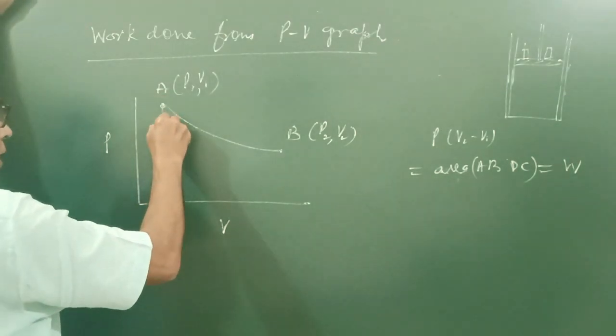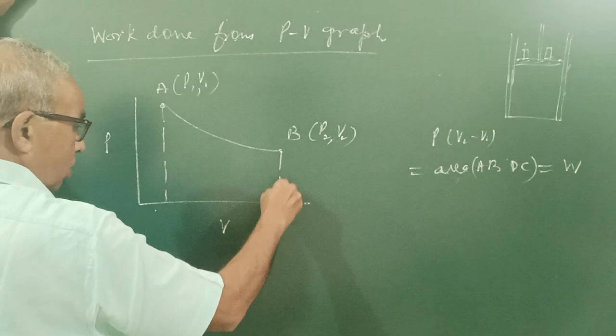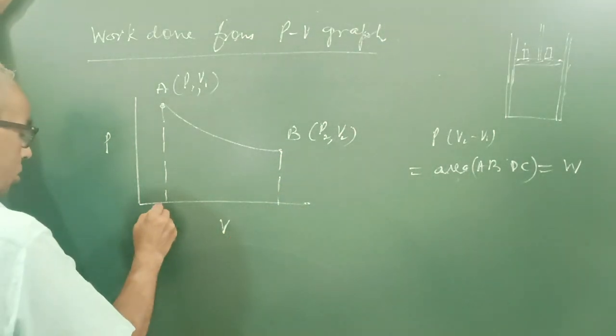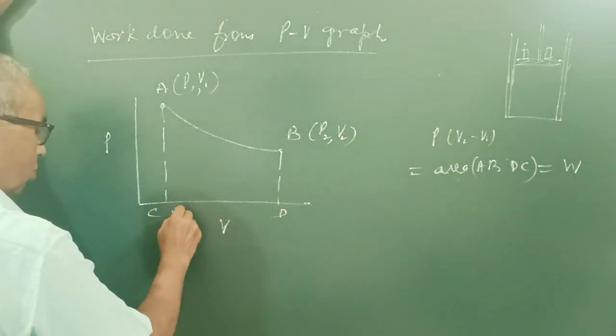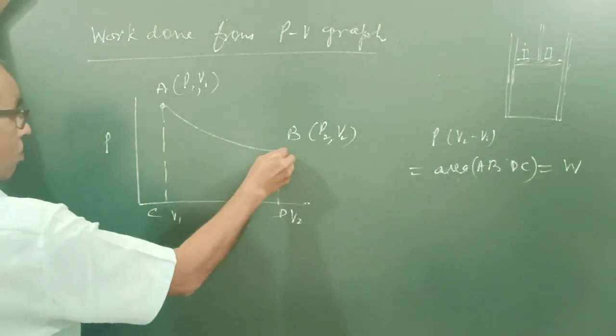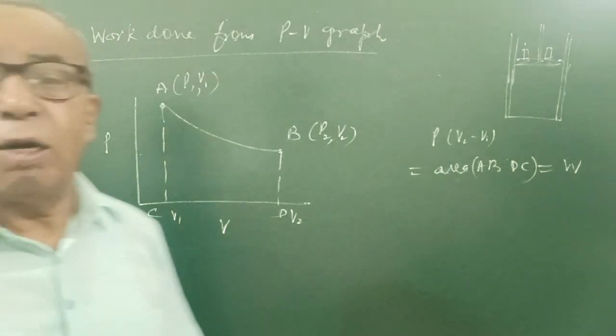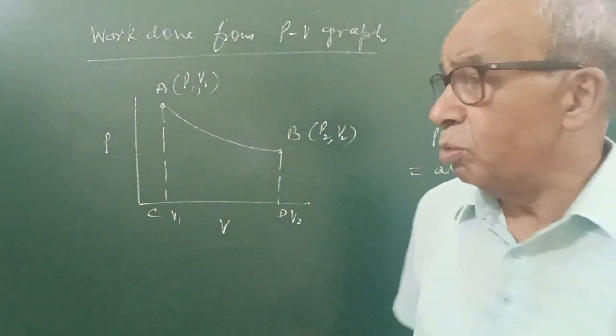Then how to calculate the work done? Let us take C and D points here, V1 and V2 volume. The pressure here was P1, here P2, it decreased. Then how to calculate the work done from this graph?